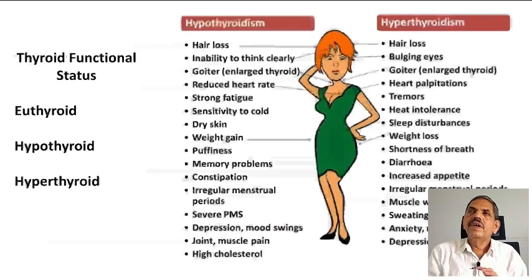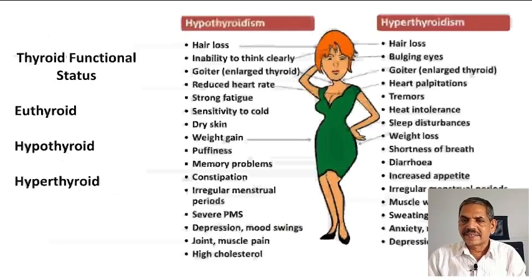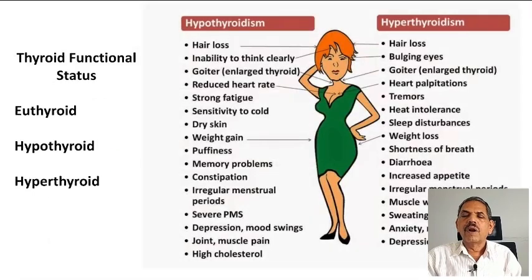Now, when you are assessing the thyroid, never forget to assess the thyroid functional status. Usually, the thyroid function may be normal, that is euthyroid. Occasionally, the patient may be in hypothyroidism or hyperthyroidism, and therefore it is better to discuss the signs of hypothyroidism and hyperthyroidism.